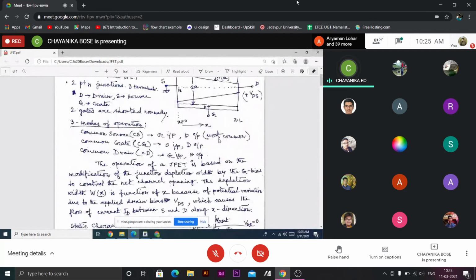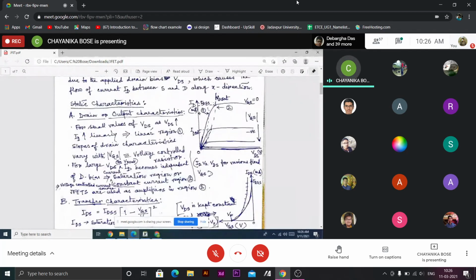At the source end x is 0 and it increases in this direction, and at the drain end x is L, where L is the length of the channel across which carriers will flow.